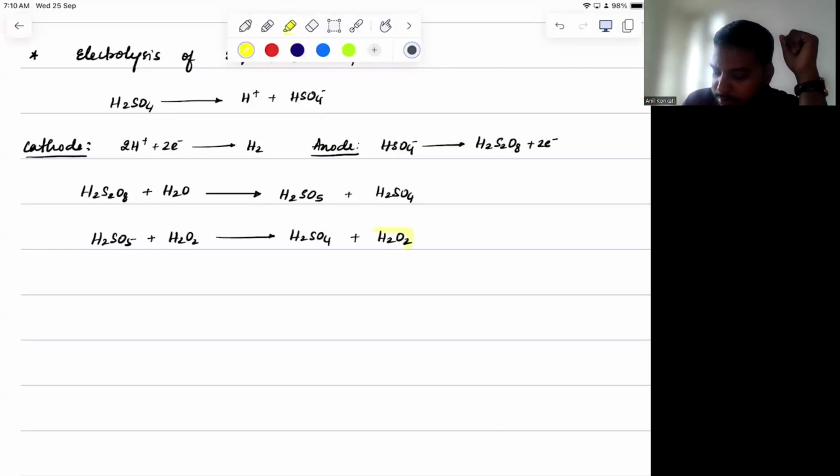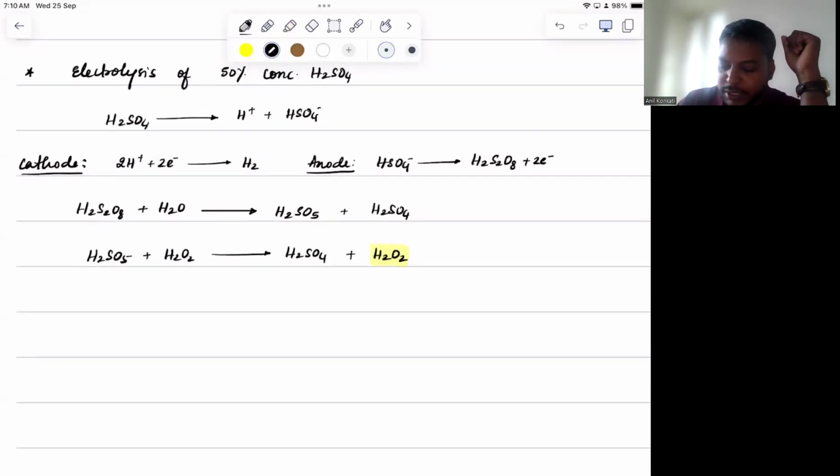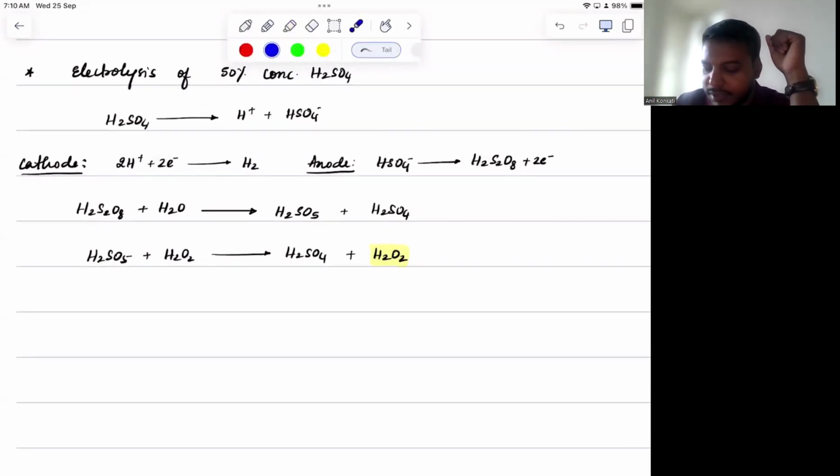So that's how the peroxide is formed in this whole case. What are the intermediates formed? First, peroxydisulfuric acid. Then we'll get peroxymonosulfuric acid. And then we'll get sulfuric acid, leaving behind H2SO4. So this is how the reaction would take place.